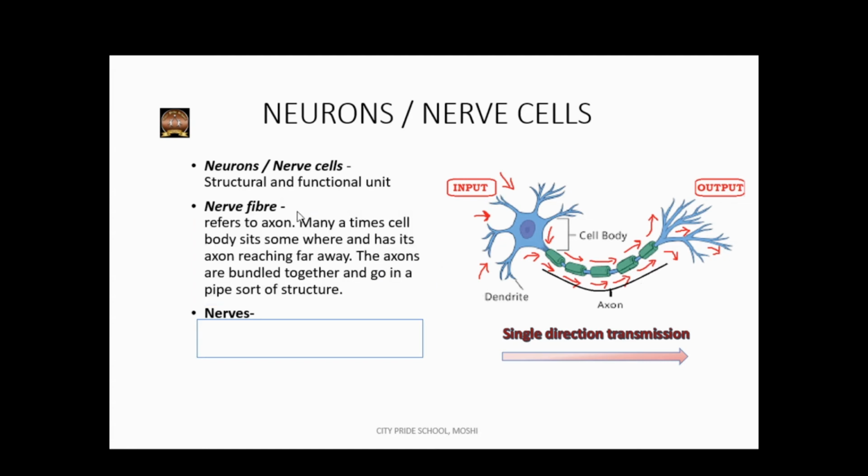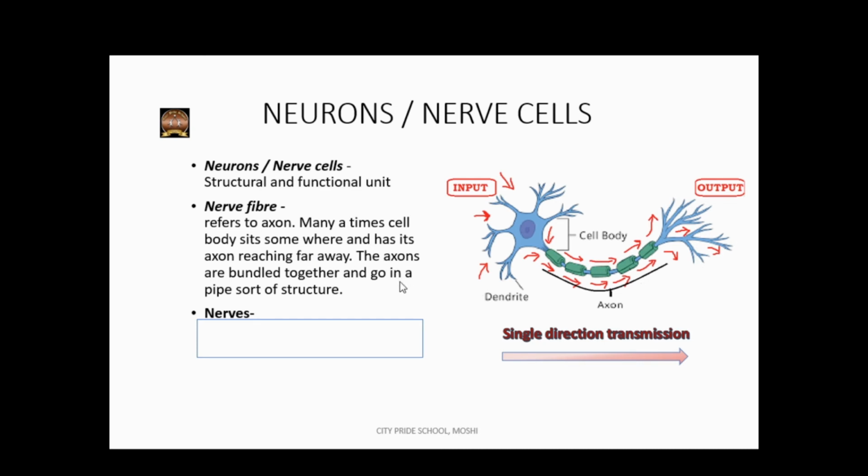Now let's learn about a term called the nerve fiber. When we talk about neurons, some of the neurons can be really long, up to several feet long. And the nerve fiber refers to the elongated axon of such neurons. Many a times the cell body sits somewhere and has its axon reaching far away.